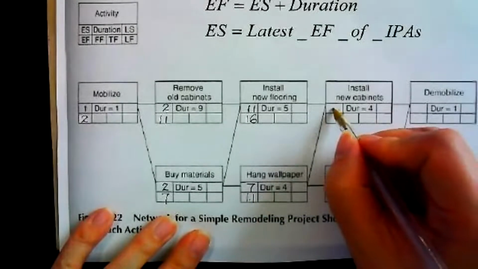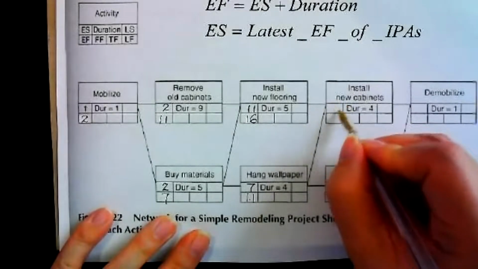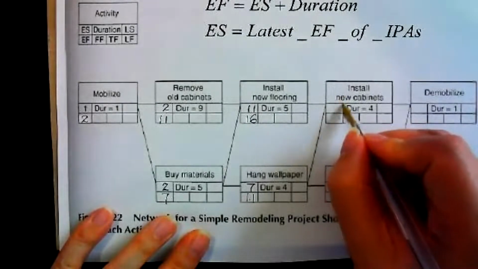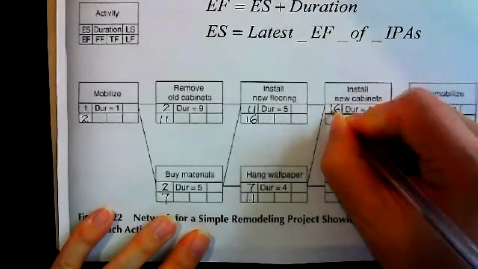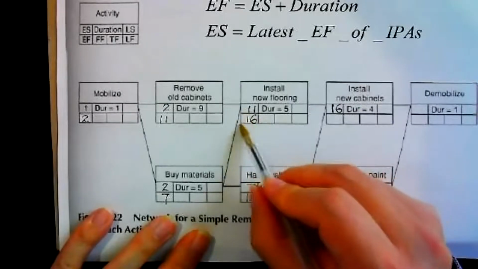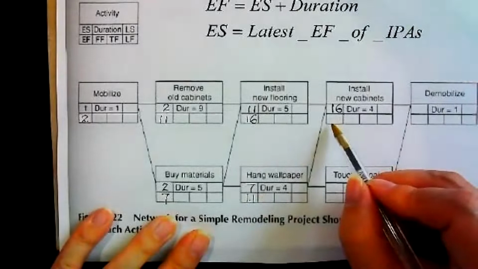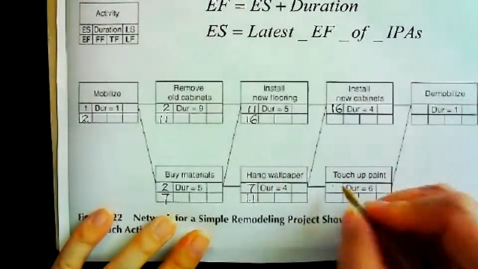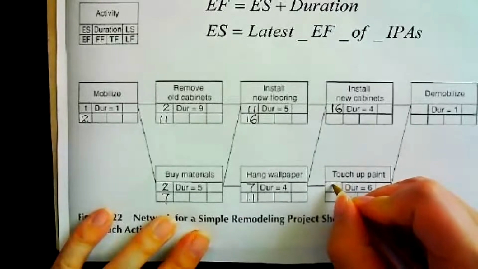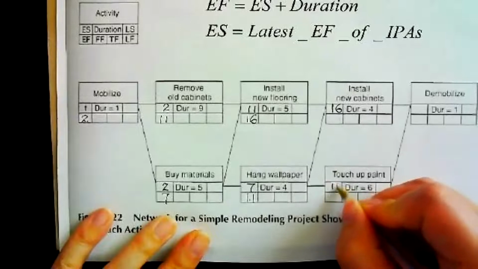Then what number should I put over here? 16. So again, we compare this 16 and this 11. Find the larger one, that's 16. So over here I should put 11.